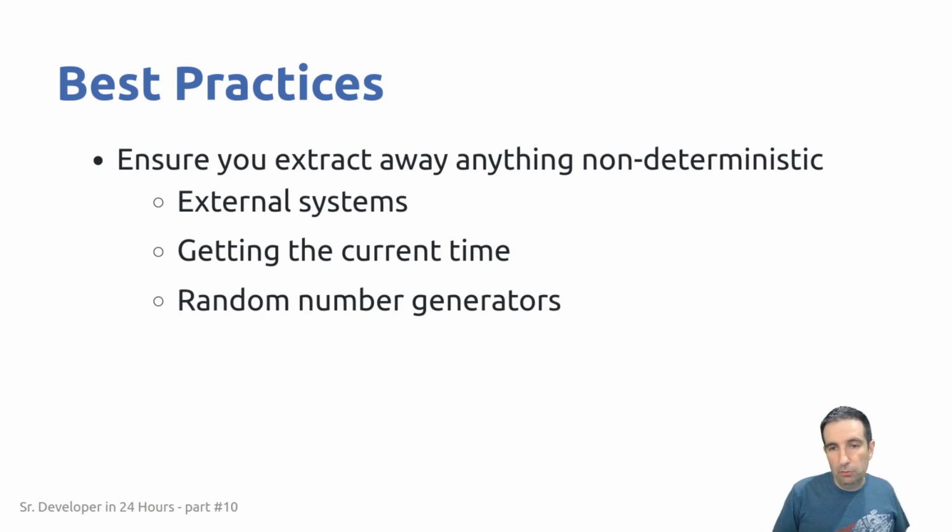So maybe it is a good idea to extract things like this. And we're going to go into a lot more detail on how we can extract those things. But for now, just keep in mind, if it is something that is non-deterministic, it can be a problem for our test, and it can result in flaky tests, which is never good. It's never a good experience for the developer.